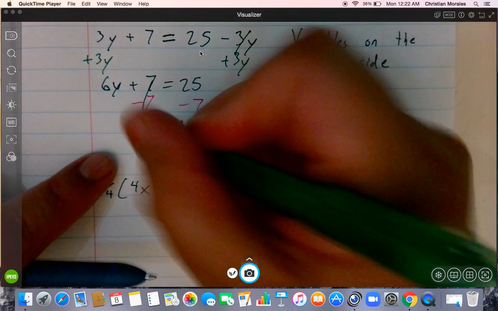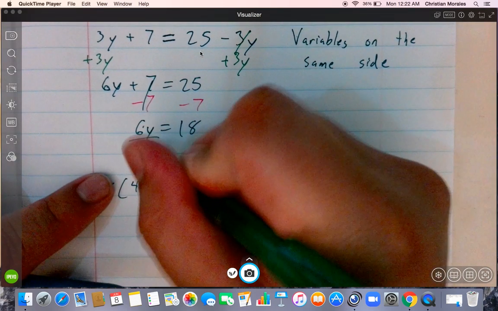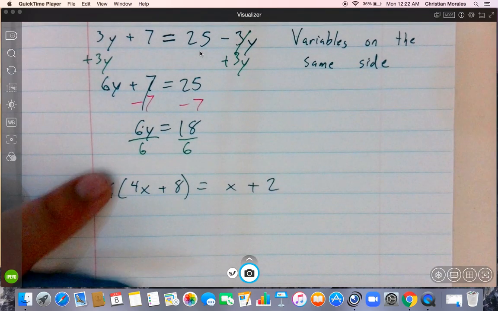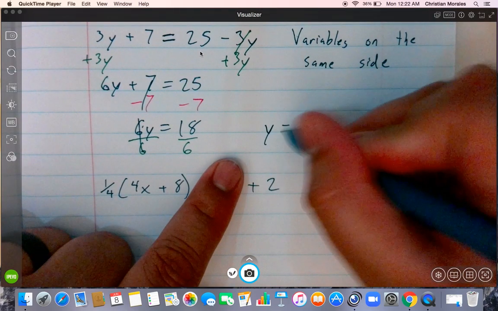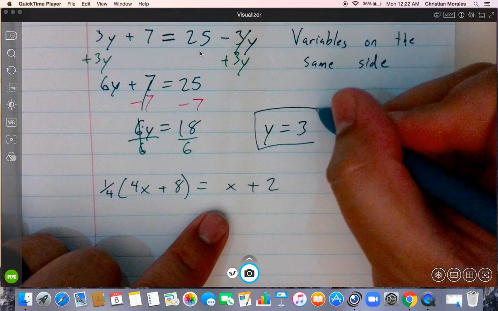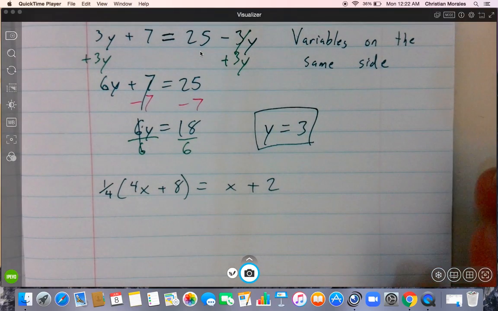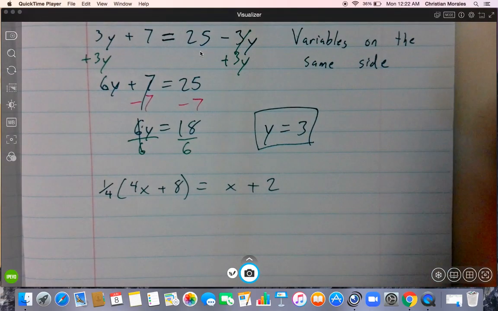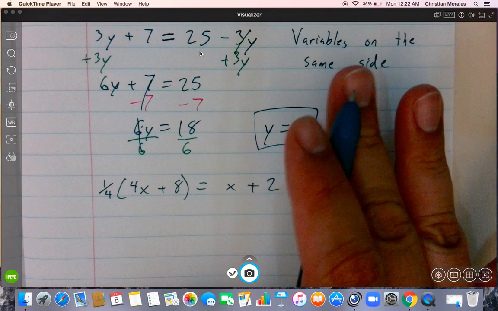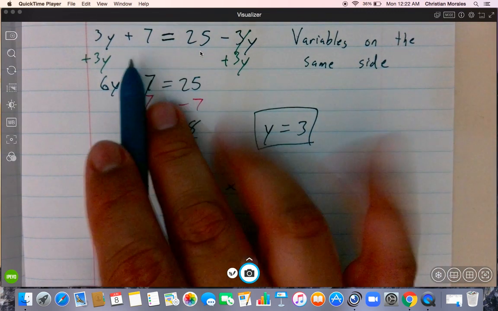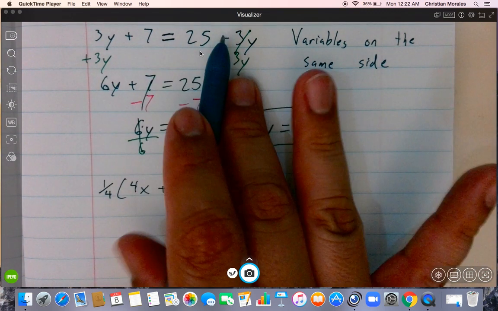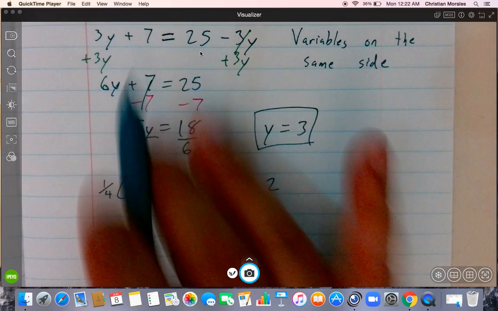That 6 is multiplying, so to get rid of that 6, we divide both sides by 6. 6's cancel out. Y equals 3. Okay, so this is not the same as the last one, because in the last one, the y's were together on the left side. These were split up, so when that happens, you got to put them together, all right?